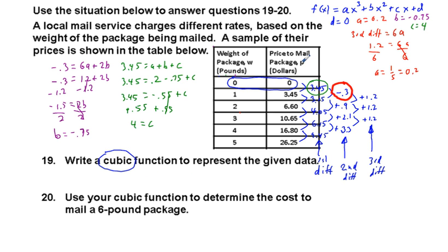Well, it's price to mail a package, so that's going to be P is equal to, and A was 0.2, so 0.2 w cubed, and we're going to have B is negative 0.75 w squared, and C is calculated to be 4, so plus 4w plus 0.